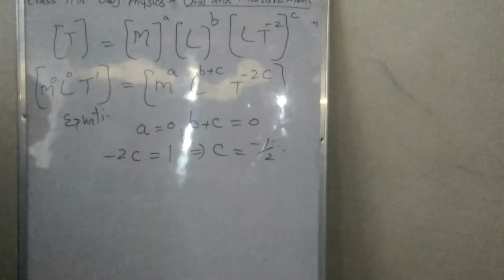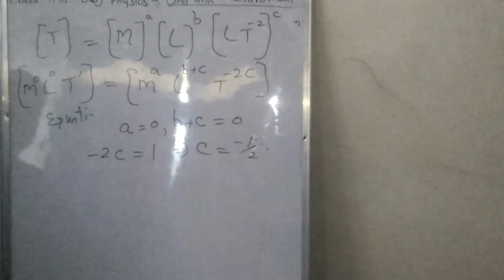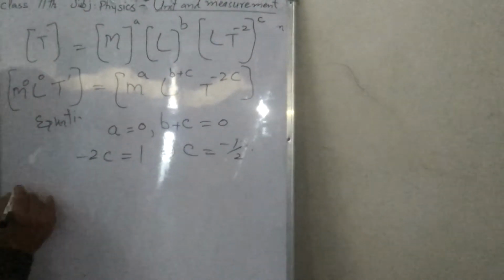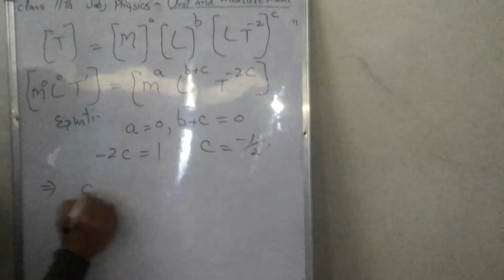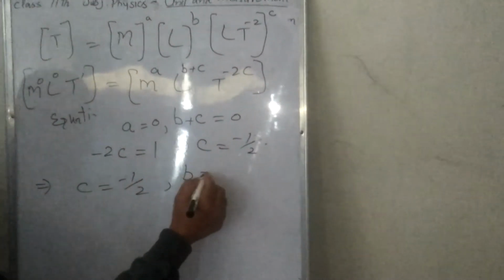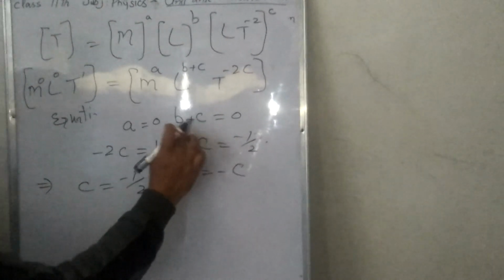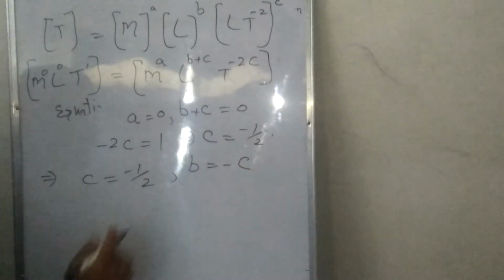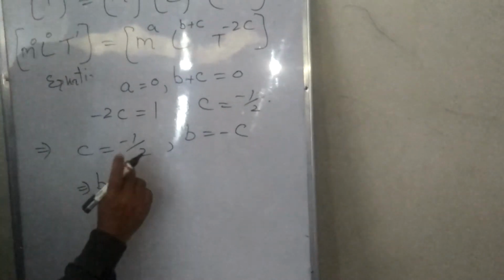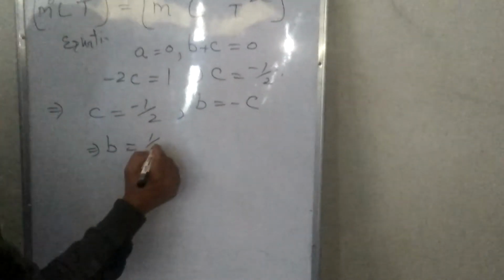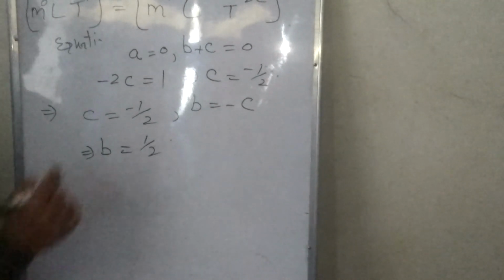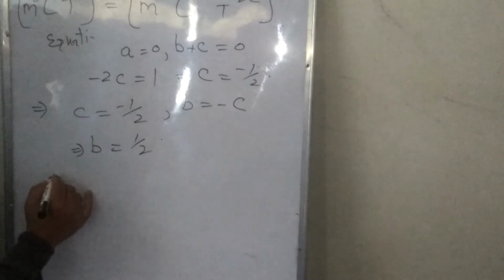Now, as c is minus 1 by 2 and b plus c is equal to 0, b becomes negative of c. This gives the value of b equal to 1 by 2.